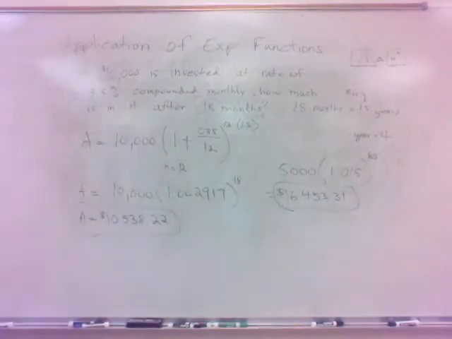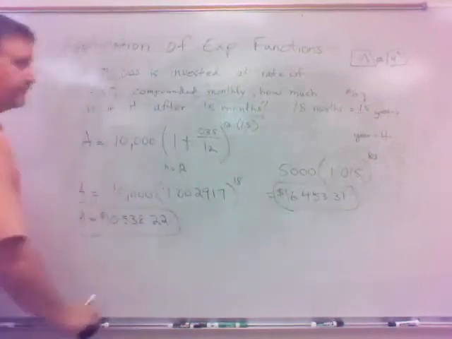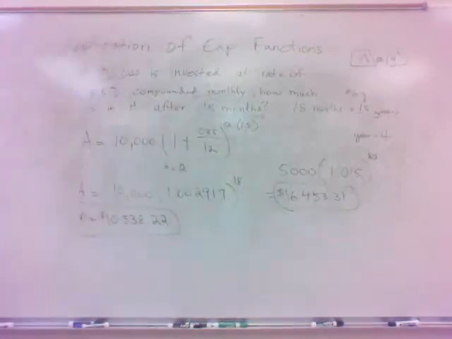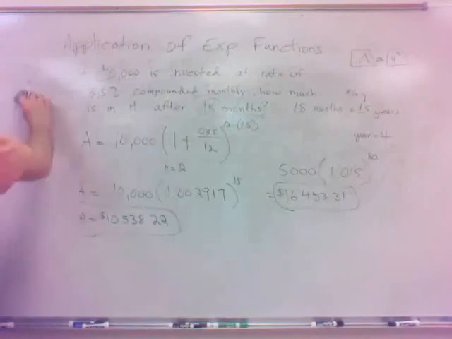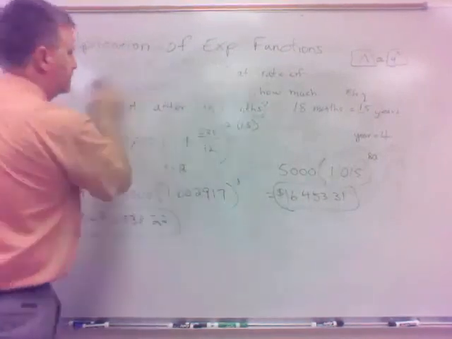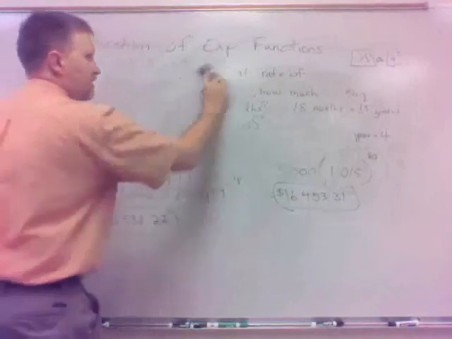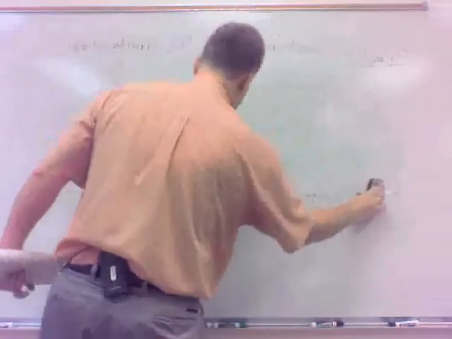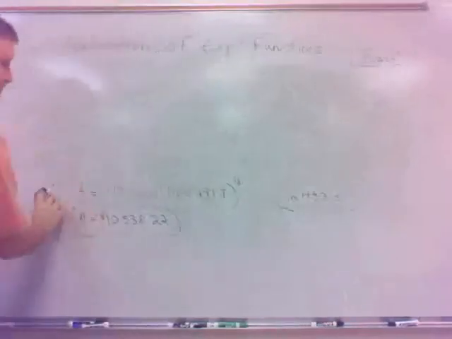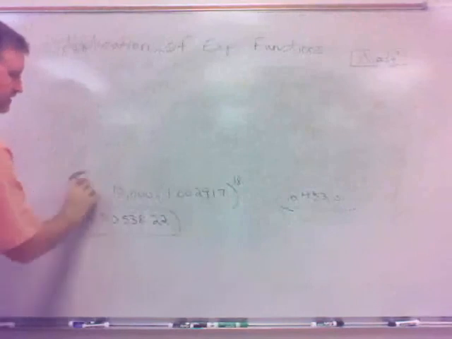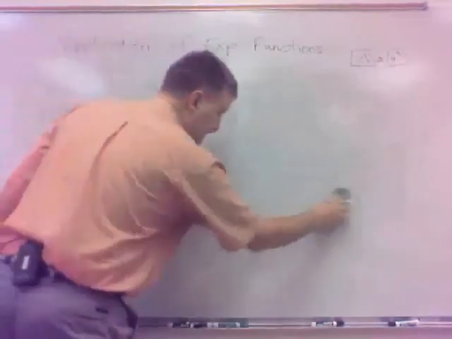Okay? All right. There is another formula, though, and it does use the natural base, and it's used for what's called compounding continuously. The formula we just talked about is the one you use for compounding quarterly, monthly, daily.